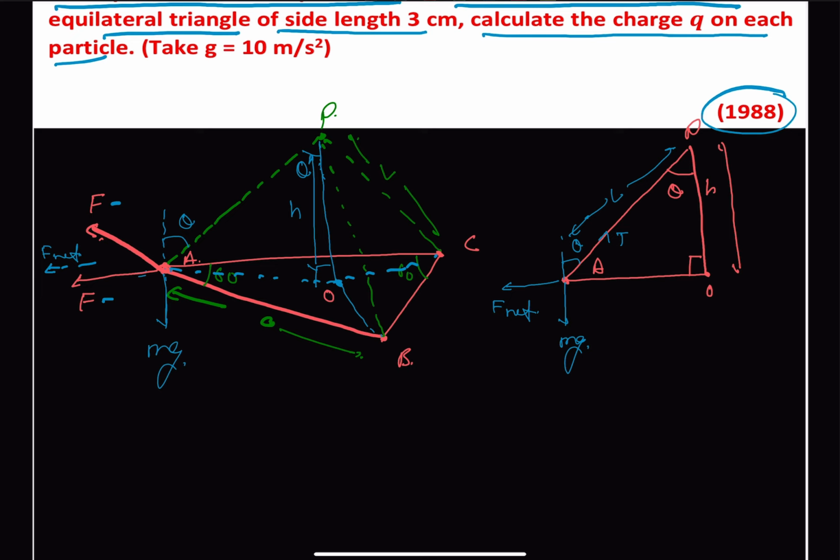In order to find out this net force, please remember that, okay, let us call this figure A and this figure B. In order to find out the net force that will be acting on charge A, we need to draw only the charges which form the triangle.